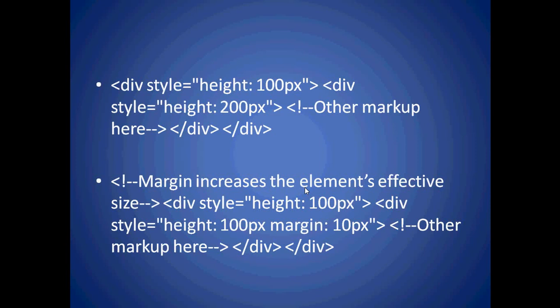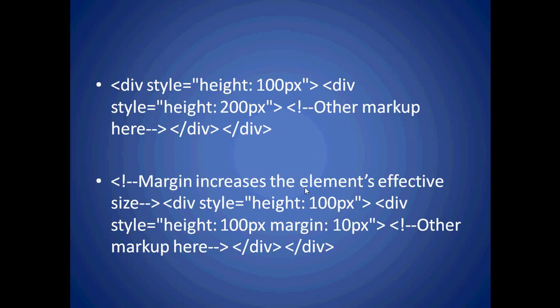For example, think of your parent div having 100 pixels, but your child div having 200 pixels. It will break your page layout because the child height is larger than the parent height.